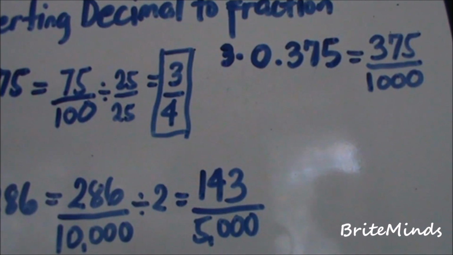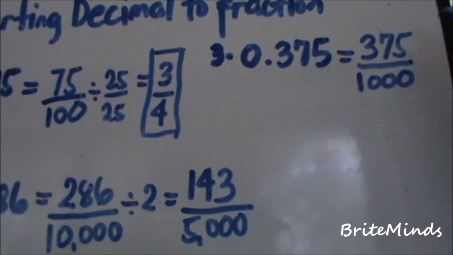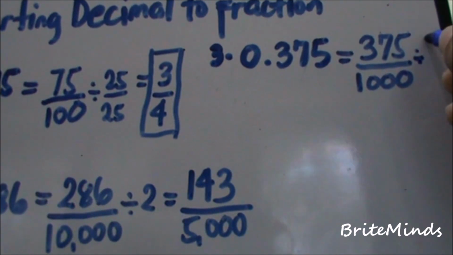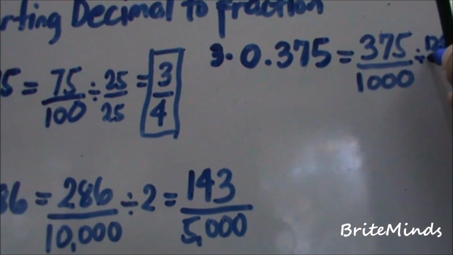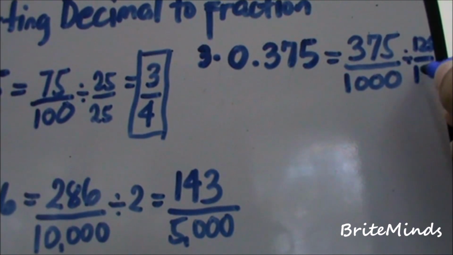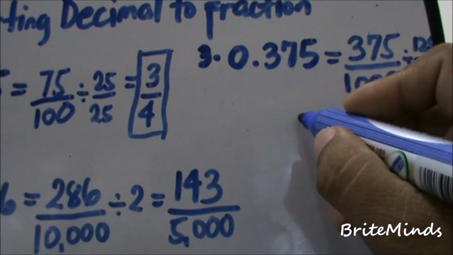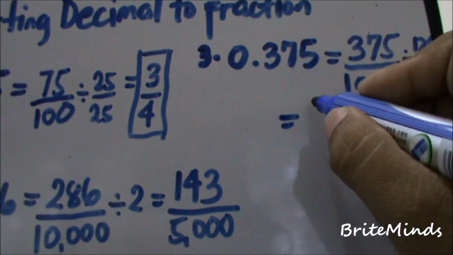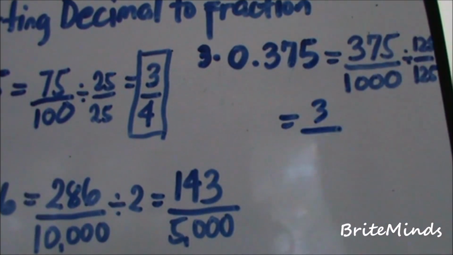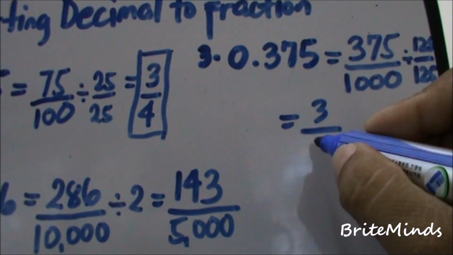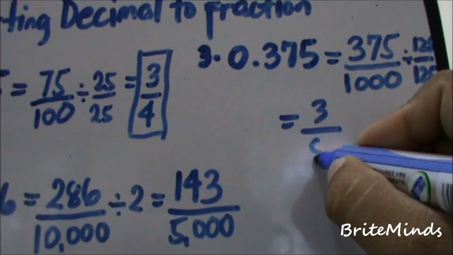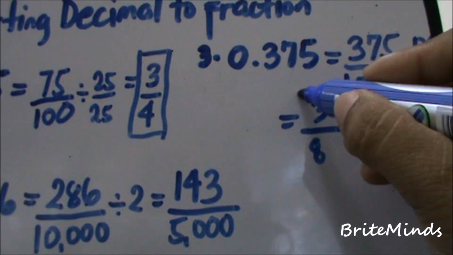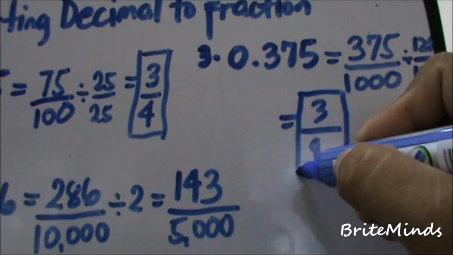Okay, so we need to reduce it to lowest terms, so we need to divide by 125. The answer will be 375 divided by 125, it will be 3. And then 1,000 divided by 125 is 8. So our answer is 3/8.